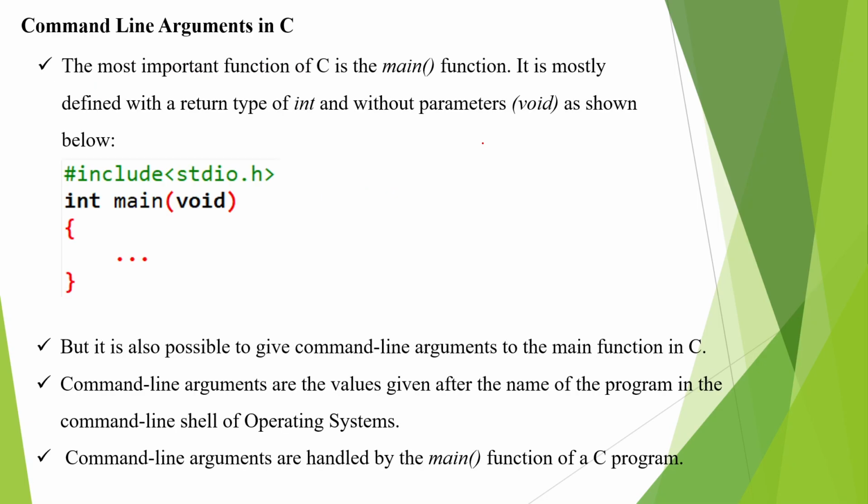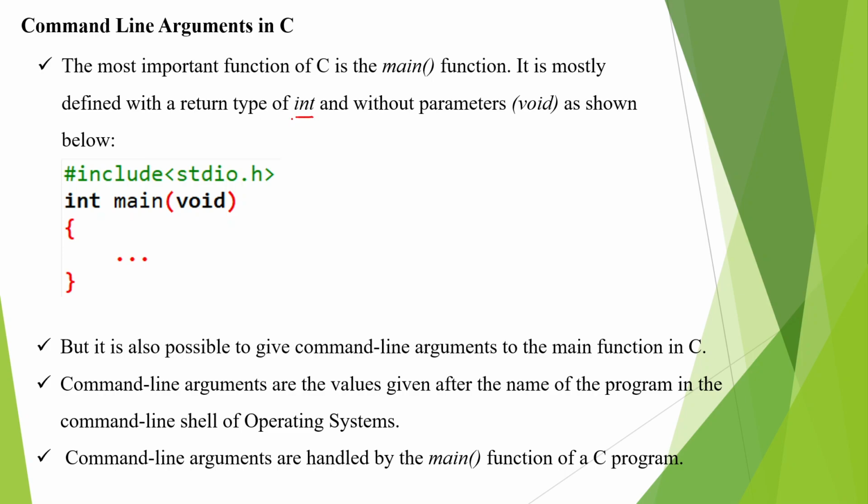Every C program, we know, is going to have at least one function, that is the main function. Most commonly, in the programs we have written so far, main returns an integer value.